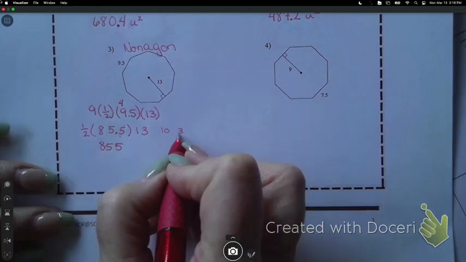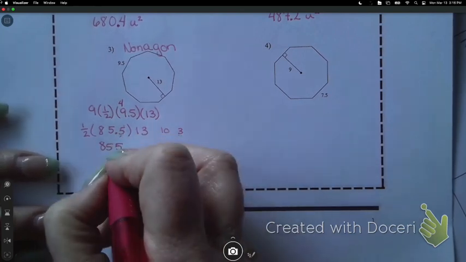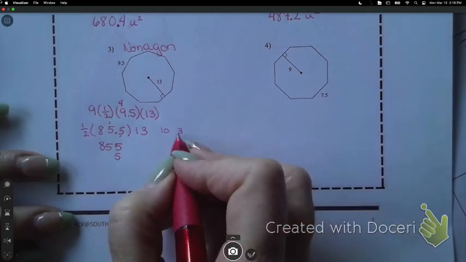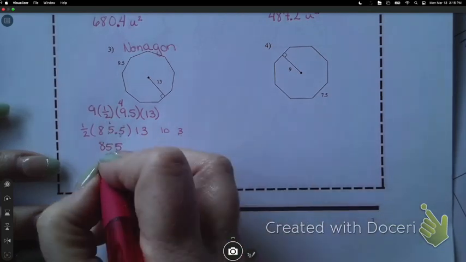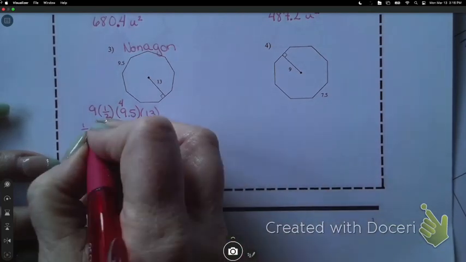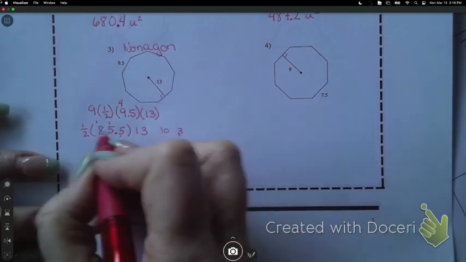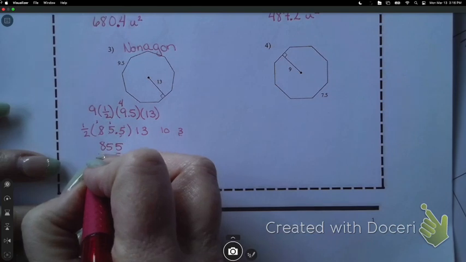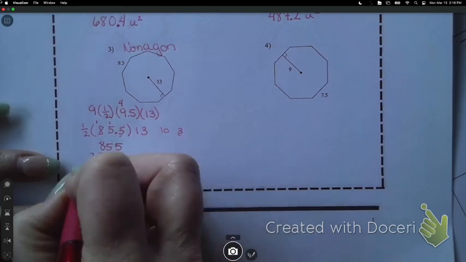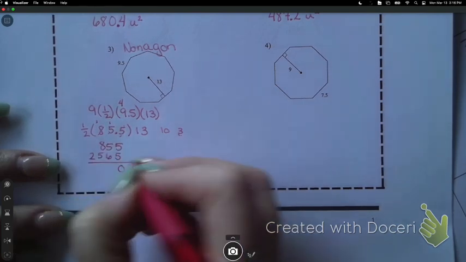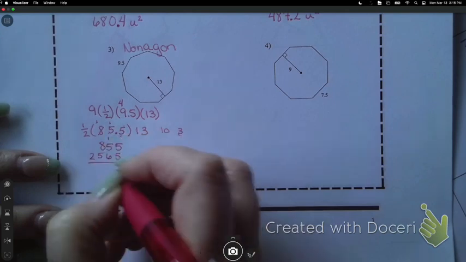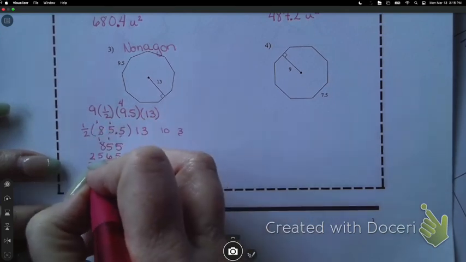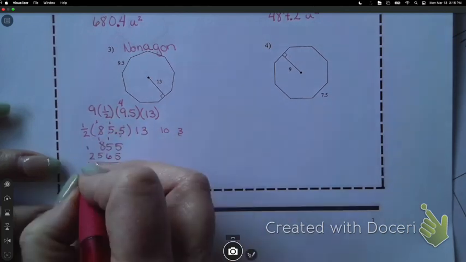So 5 times 3, 15. Carry 1. So 15 plus 1 is 16. Carry 1. 3 times 8, 24 plus 1 is 25. So that gives me 0. Carry a 1, 11, 12, carry a 1, 13, 14, carry a 1.